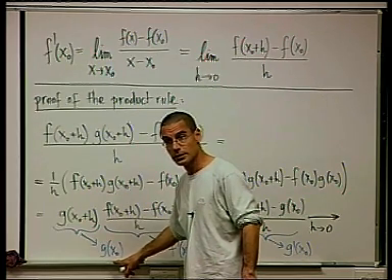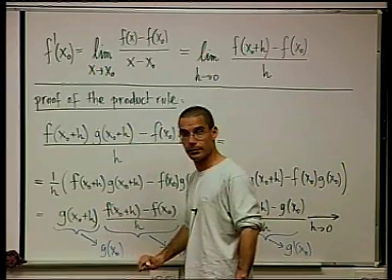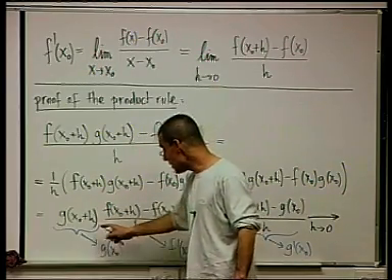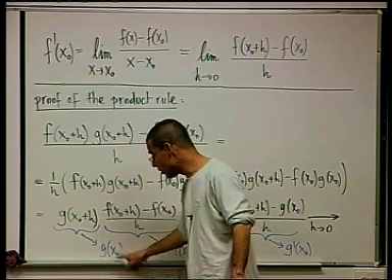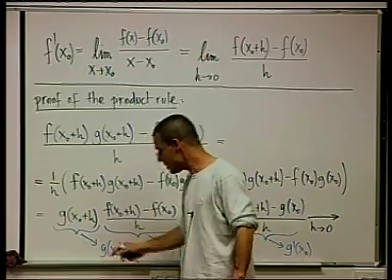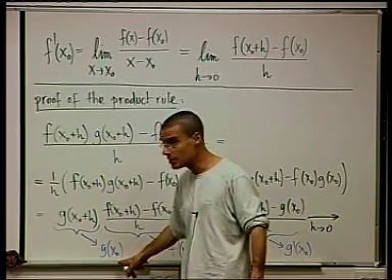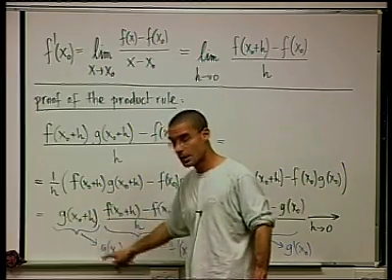Do you agree? Think of x0 for a minute as just being 0. So the statement here is that g of h goes to g of 0 as h goes to 0. That's precisely saying that g is continuous. It doesn't hold when g is not continuous. Do you see that?